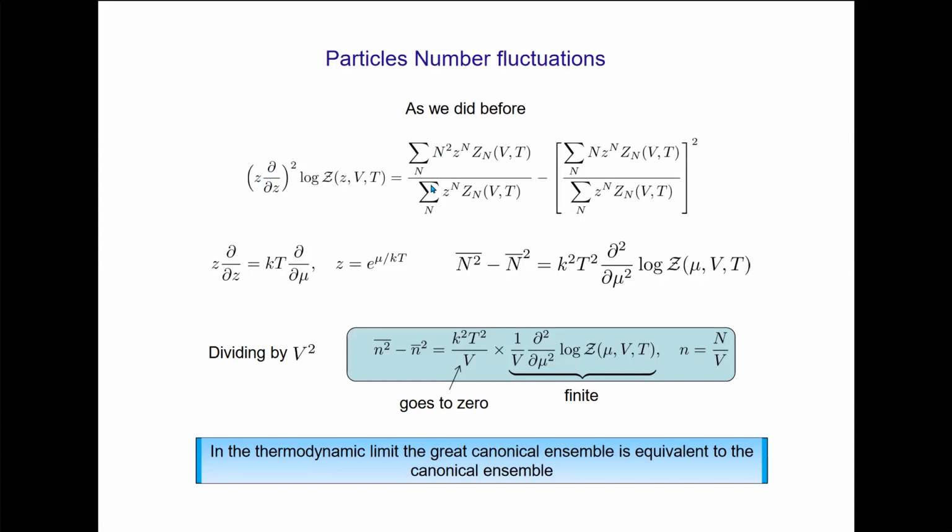When you do that, you get two terms. One with n squared, the average of n squared, which comes from differentiating this factor twice with respect to z. And when you differentiate it once, you also need to differentiate this factor, and this is the result. You get this contribution, as I explained.